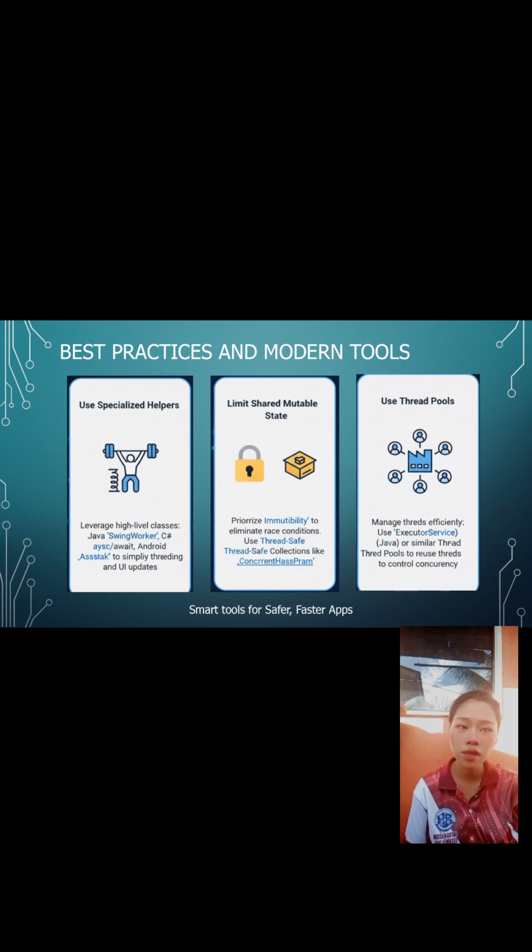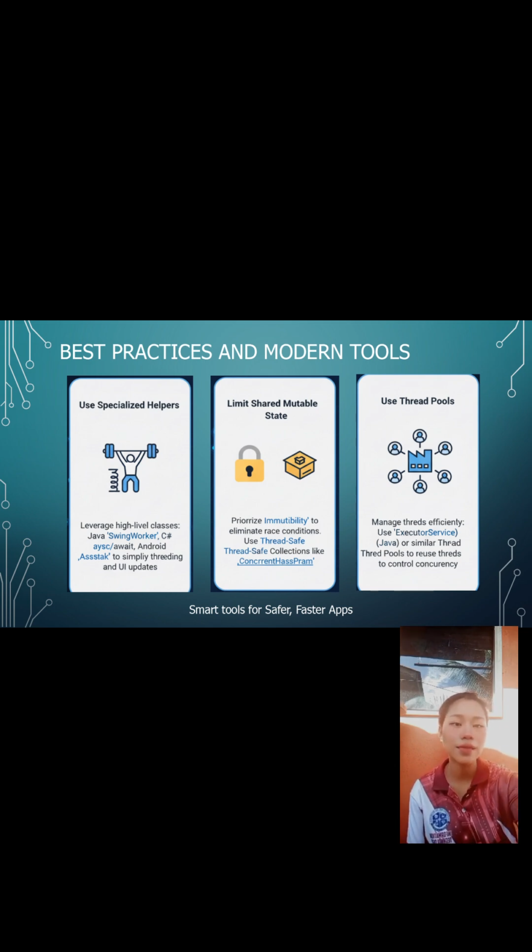So the best practice for this problem is to favor immutable objects, or objects that cannot be changed after they are created, and use local variables inside threads. They're naturally thread safe. If you must share state, protect it using the lock keyword, ConcurrentDictionary, ConcurrentQueue, etc., the Interlocked class, or atomic operations.